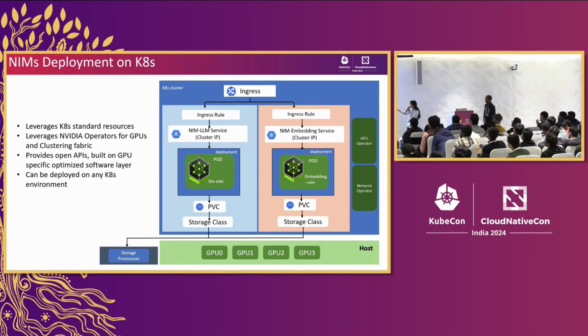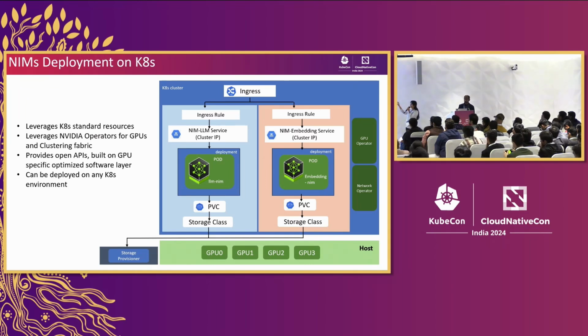So basically the lowest layer is the infrastructure, which is the GPU and the various operators that are required to make the GPU available to the NIM pods or the inferencing pods. Then we have a PVC or a storage class simply to cache the model data. We don't want to keep fetching the model data every time a prompt is received, so we require a PVC for that.